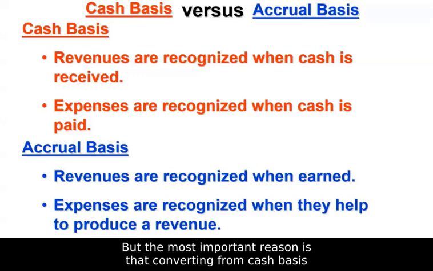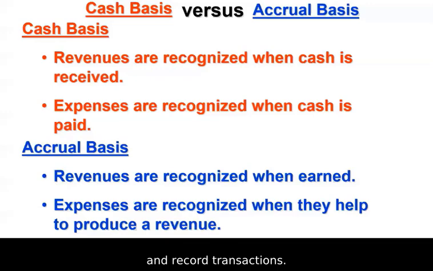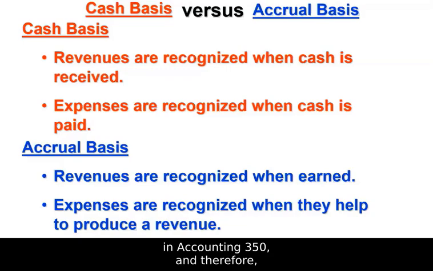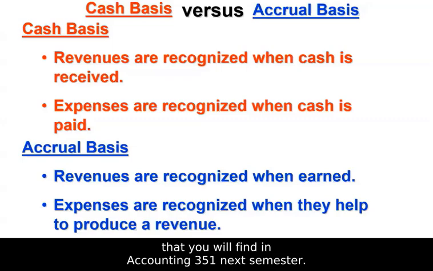But the most important reason is that converting from cash basis to accrual basis improves your ability to analyze and record transactions. Also, this material is the most difficult we will cover in Accounting 350, and therefore, this will give you a glimpse at the level of difficulty that you will find in Accounting 351 next semester.